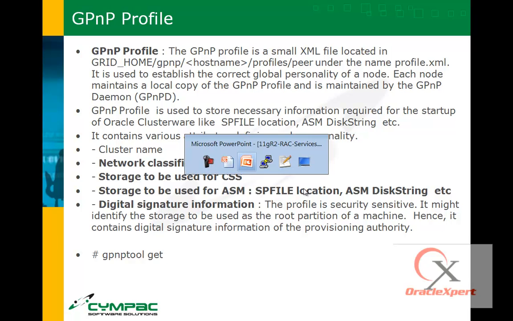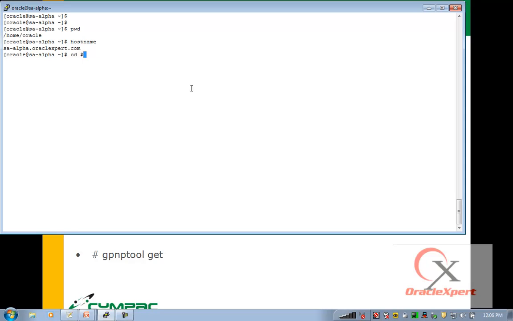So let's go and have a look at the profile. So I am going to grid home GPnP hostname profile peer, and the name of the file is profile.xml. This is the file.